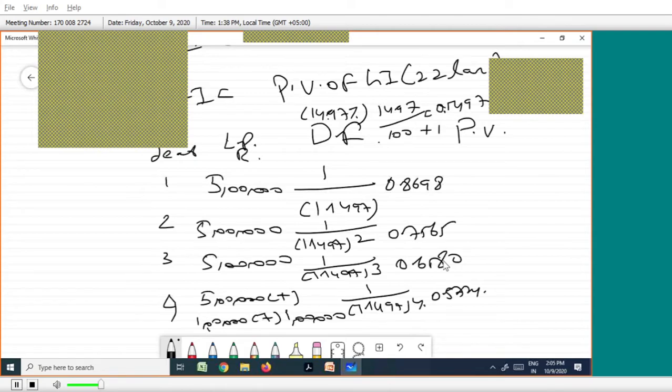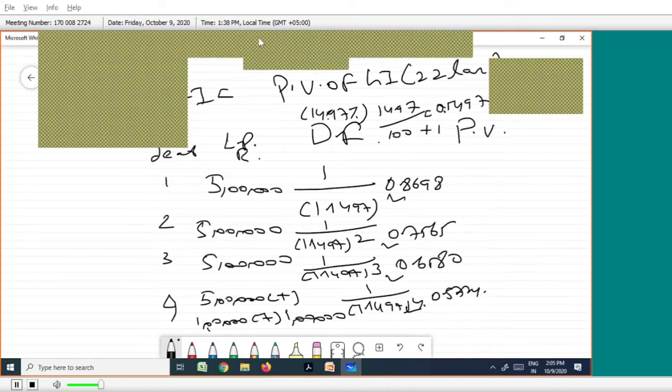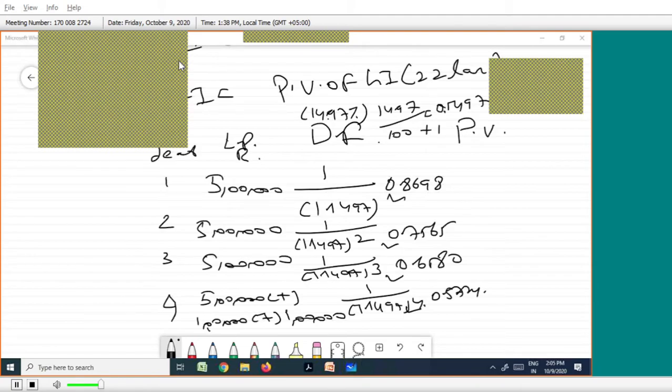All of you understood how this discount factor arrived? Please reply with your views. Yes, sir, understood. So shall I proceed further?